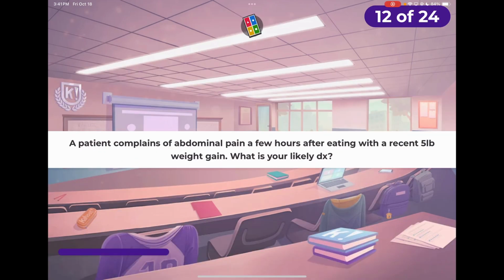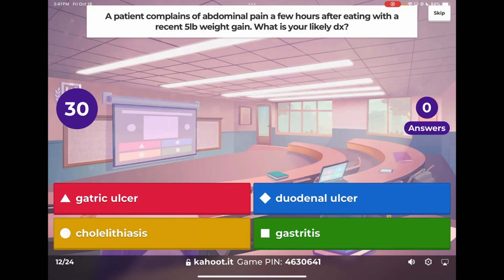Patient complains of abdominal pain a few hours after eating with a 5-pound weight gain recently. What is your likely diagnosis? So they have painful abdominal pain a few hours after eating, and they've gained weight. So make sure when you're studying, you really look at the differences between these two types of ulcers.